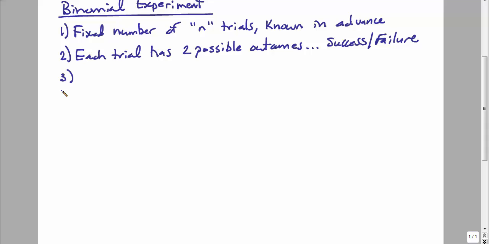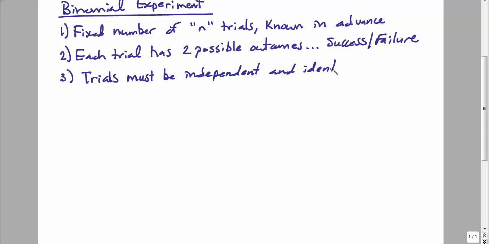The third criteria, the trials must be independent and identically performed. That means when I run one trial, it's not going to affect the outcome of the other one.